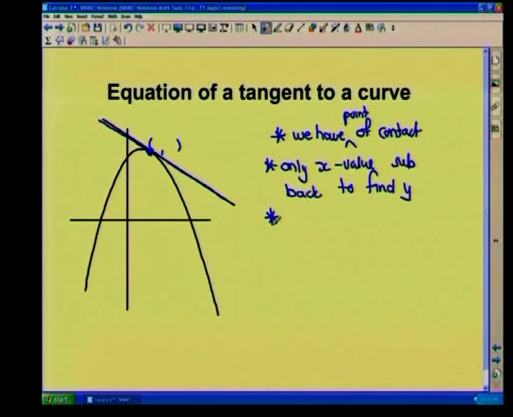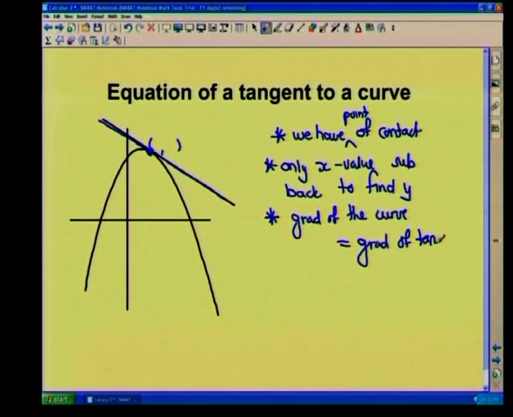Right, so then we'd have the point of contact. Then we would know that the gradient of the curve must equal the gradient of the tangent. And of course, we know that that means the derivative of the curve must equal the derivative of the tangent.